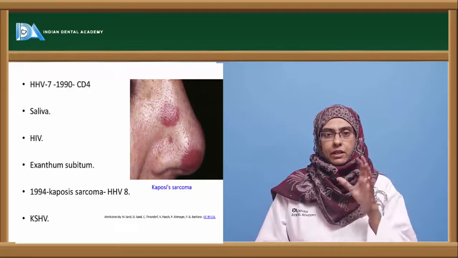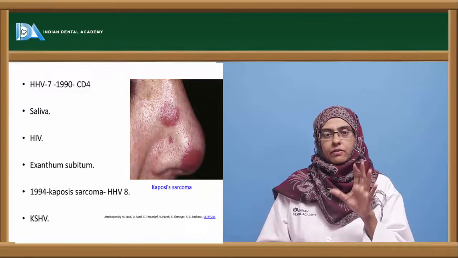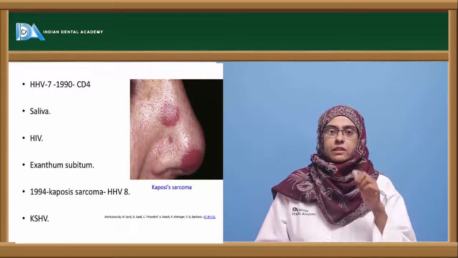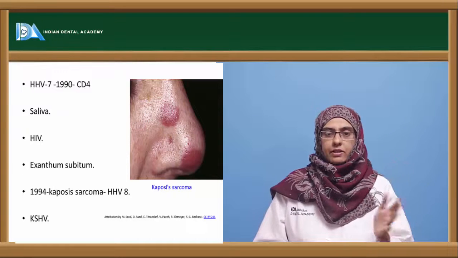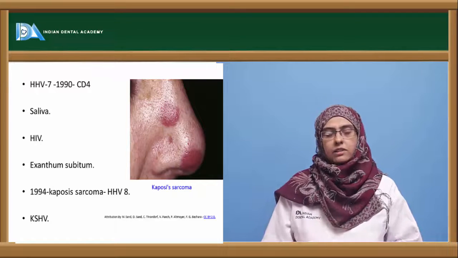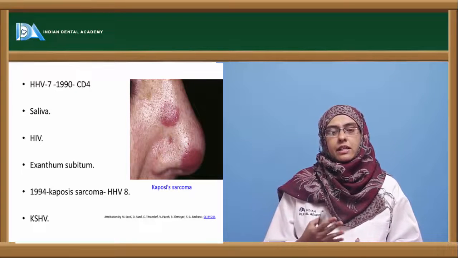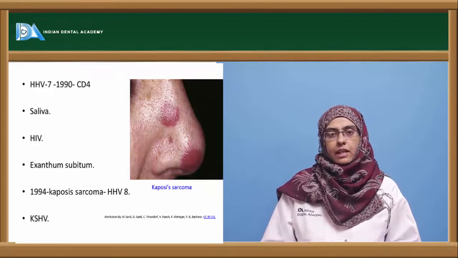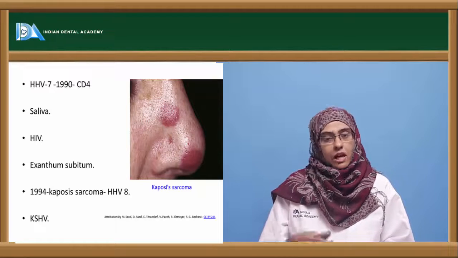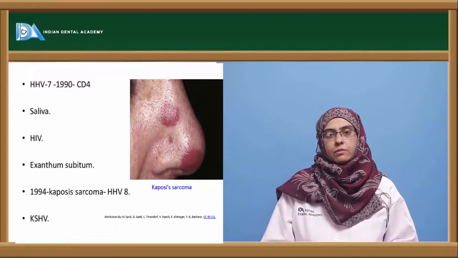So similar viruses were isolated, and they found that this is in association with the HIV virus, but it is a form of herpes virus, and the name given was HHV7 virus. Again, this is infectious and can be transmitted via saliva and is seen in association with most HIV infections. It is also involved in the causation of exanthem subitum.